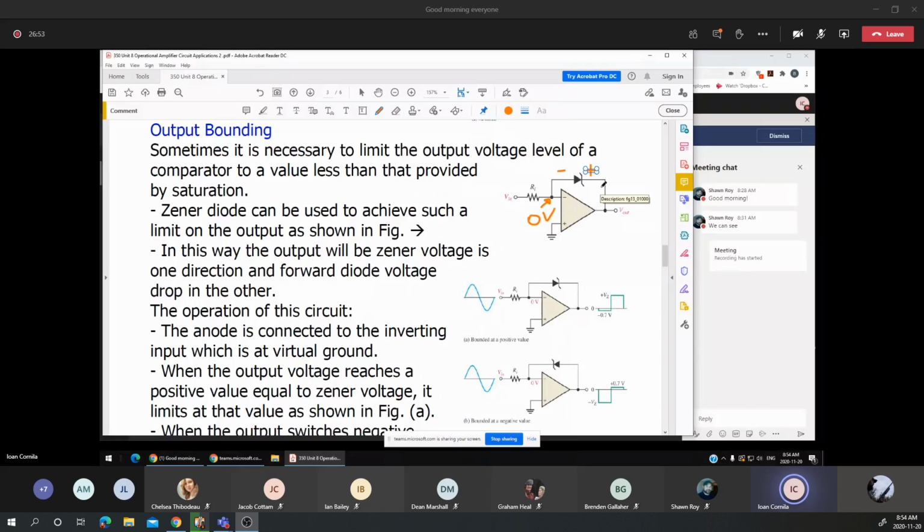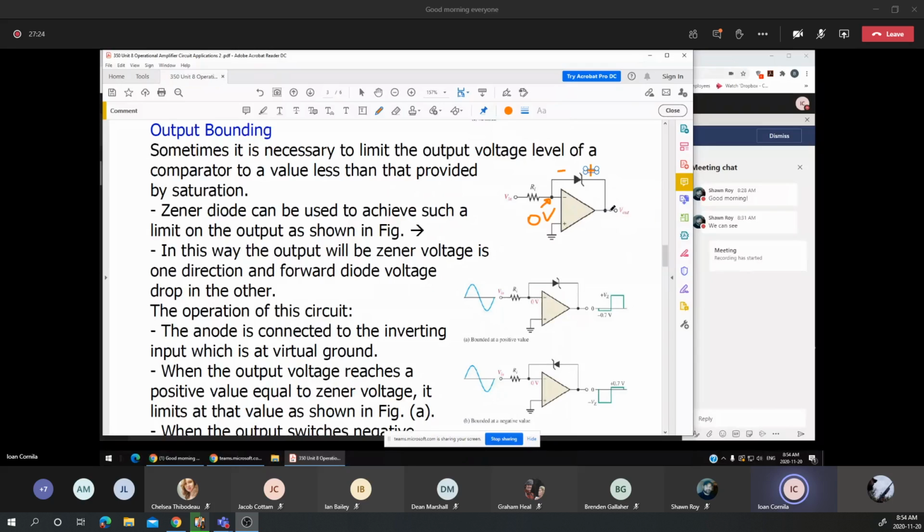In this case, the Zener diode acts as a regular diode, forward biased. In the opposite way, if the output is going to a negative value, I'm applying a more negative value on the cathode and a positive value on the anode, which will act as the regular diode.